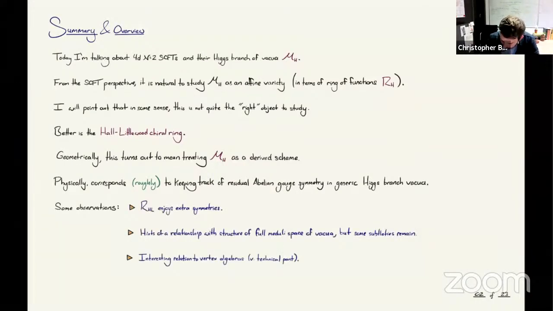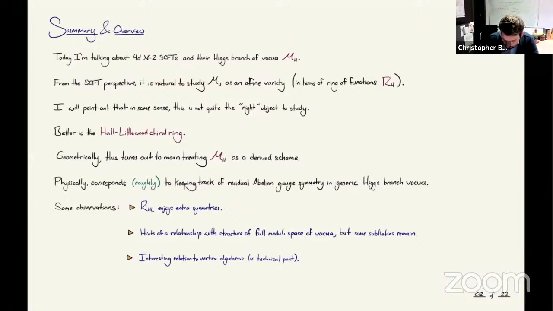And a few interesting technical observations that I'm just forecasting here, in case I don't get through the talk in a totally coherent way, are that these Hall-Littlewood Chiral rings, these sorts of Higgs branch chiral rings on steroids, can exhibit additional symmetries compared to the usual Higgs branch symmetries, which are somewhat mysterious and interesting physically.